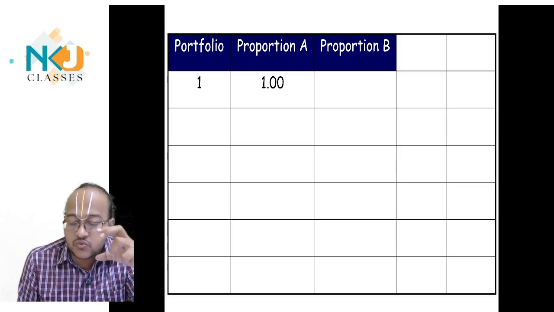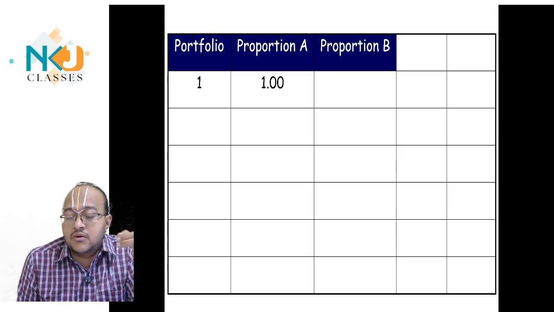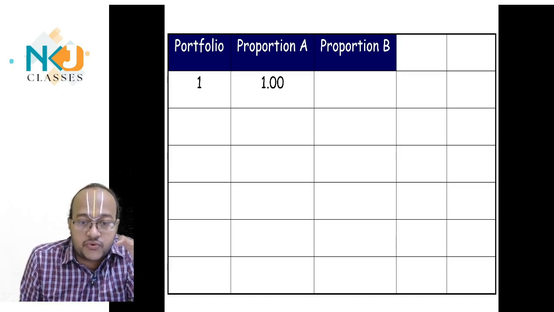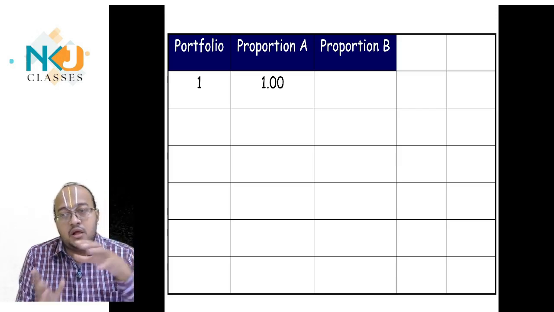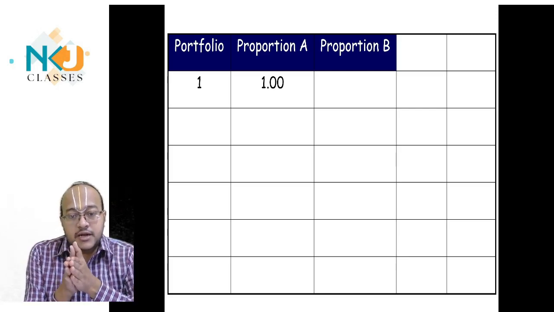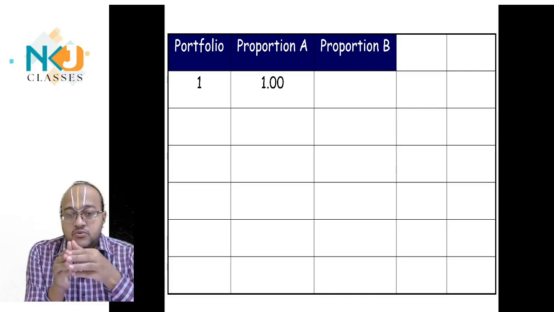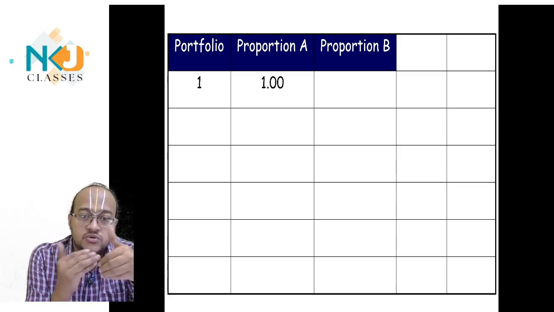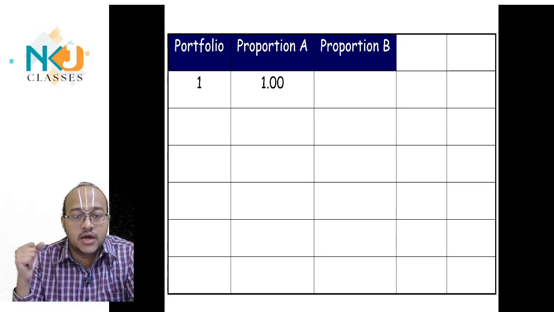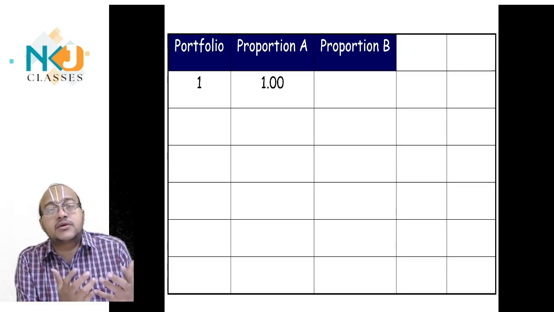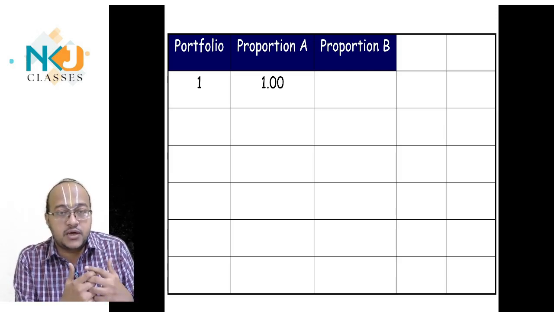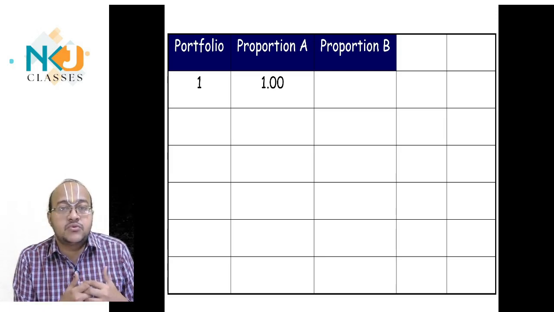But in this question they have not given in what proportion the portfolio is constructed. You need to construct the portfolio. Are you understanding? Which means I have not given the data to construct the portfolio. So what we do is construct the portfolio using these 2 securities in different proportions, and analyze the impact of the proportion we allocate to these securities.